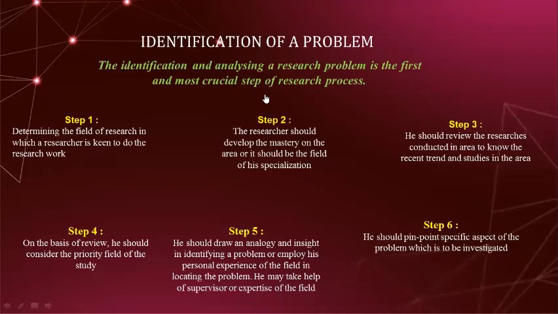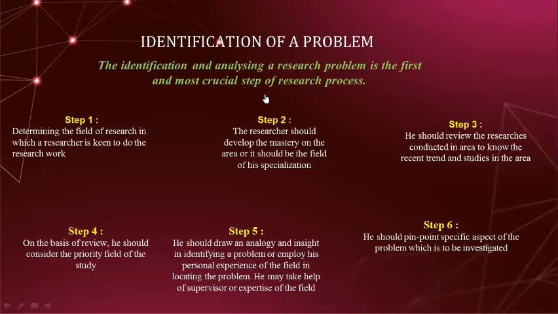He won't know the methodology. Third is that he should review the researches. Literature review is one of the most important things when you are trying to do research, so that the researcher knows what has been done, what needs to be done, what the problems are, and what the fresh problems are from his point of view.